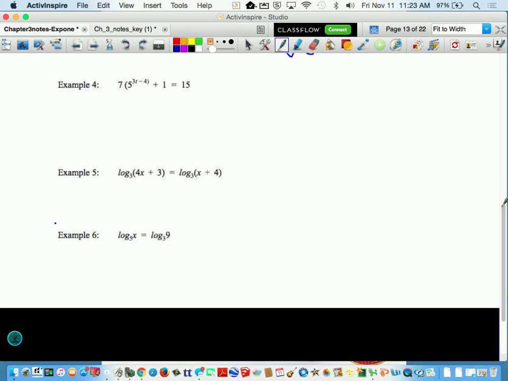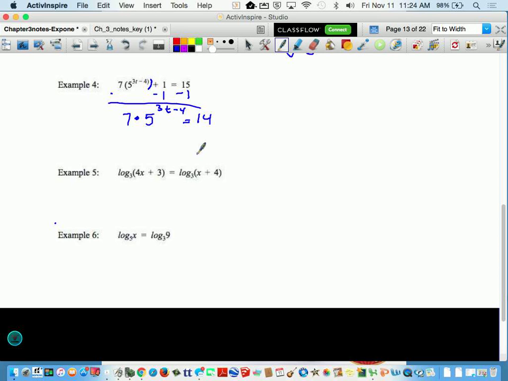So this one should have another parentheses like right here, I guess. So we want to subtract the 1 first. Look for things to add or subtract. Reverse PEMDAS. So you're going to have 7 times 5 to the 3t minus 4 is equal to 14. Now, order of operations, I get a lot of students that will take that 7 times 5.